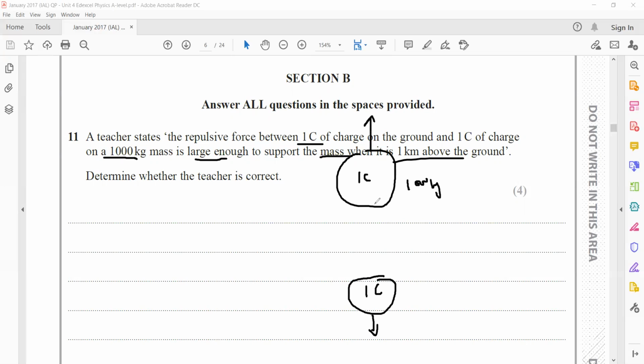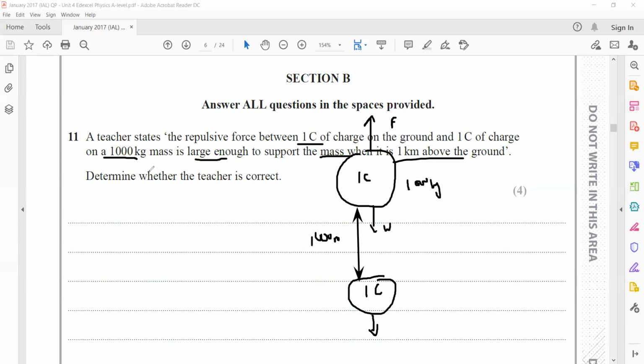So the electrostatic repulsion must balance with the weight to levitate this charge, or it should be higher enough to lift this charge or move this charge. So whether the teacher state a repulsive force is enough to support the mass when they are 1 kilometer away. So the distance between the two charges is equals to 1 kilometer, but SI unit is meter, so it should be 1000 meters.